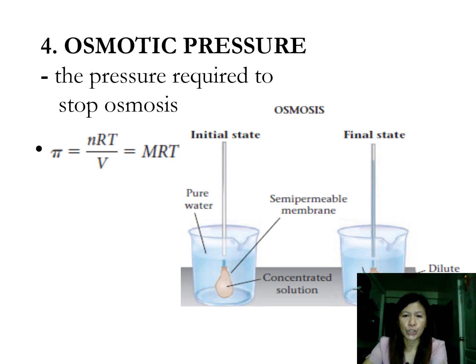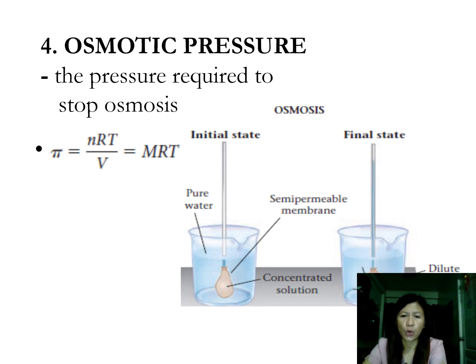So between water and the concentrated solution, there is higher solvent concentration in pure water. So the semi-permeable membrane where the concentrated solution is contained will allow the passage of the pure solvent particles to the concentrated solution. So solvent particles from the pure water will pass through to the concentrated solution inside the bag. So the passage is allowed by the semi-permeable membrane.